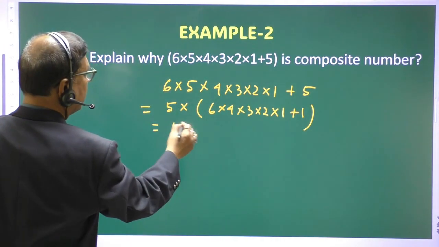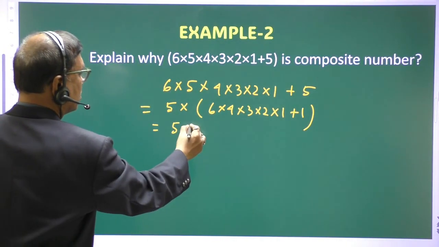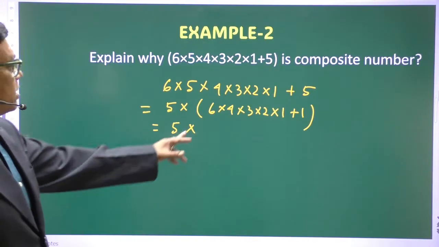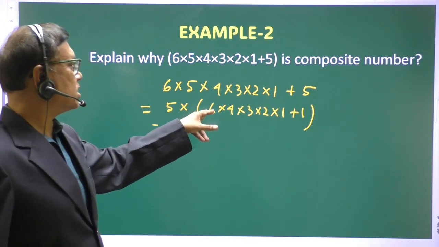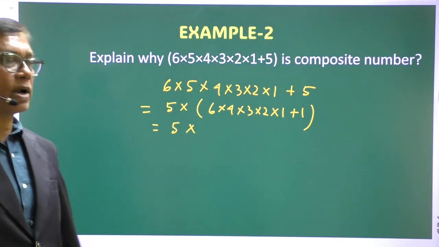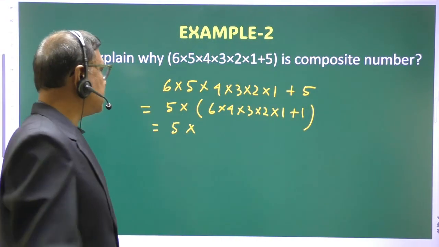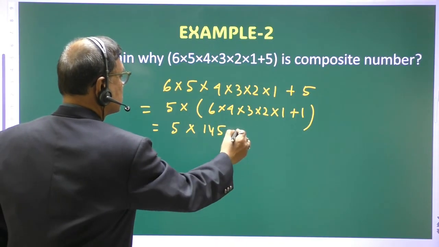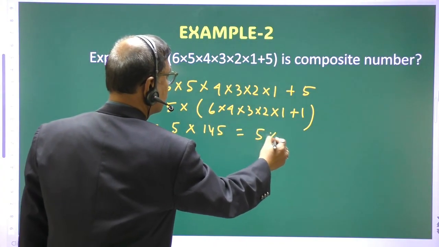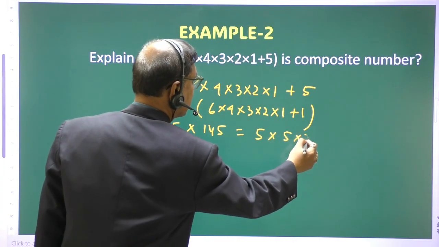That means 5 into, what is the result of this? 3 times 2 is 6, 6 times 6 is 36. 36 into 4 is 144. 144 plus 1 is 145. So that means 5 into 5 into 29.